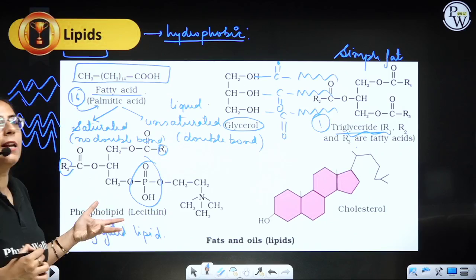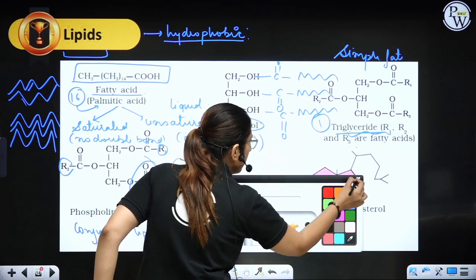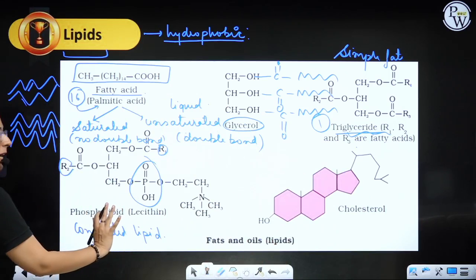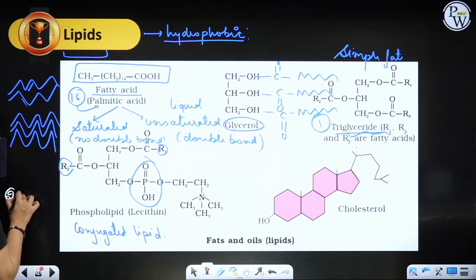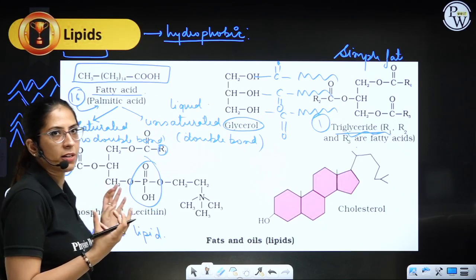They can be of different types. For example, lipoprotein can also be present. This is one example, the phospholipid. Like this, we can have lipoprotein, that means the lipid has a protein group attached to it. Similarly, sometimes a carbohydrate group is also present in them, right?